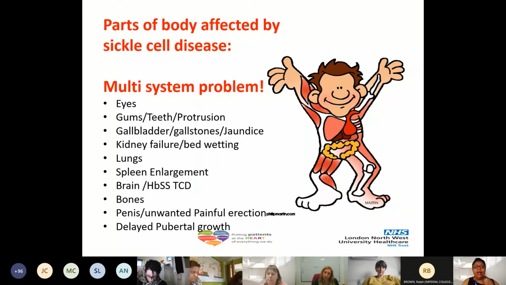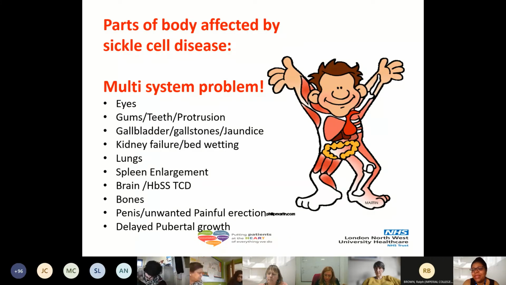So if we get a lot of sickling in the spleen, the stomach distends and the child can collapse. The hemoglobin will be very low, so the blood level will be very low, and that brings on a collapse. So it's really a dangerous situation.